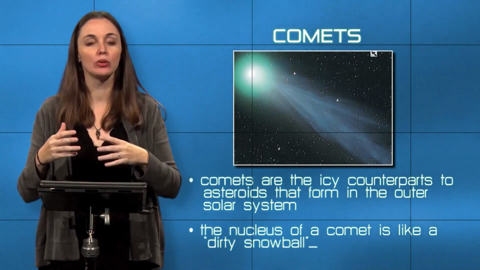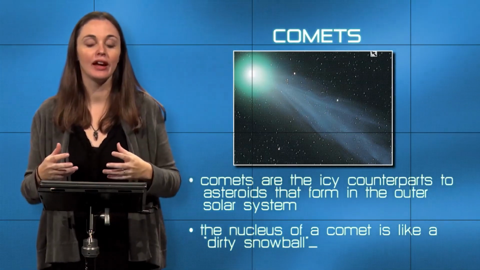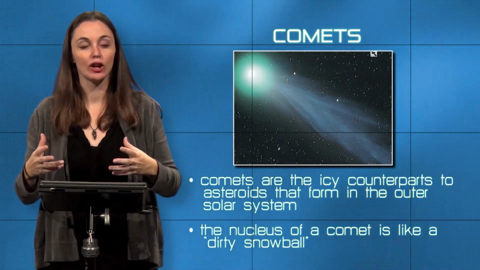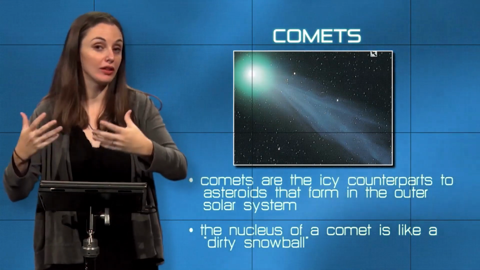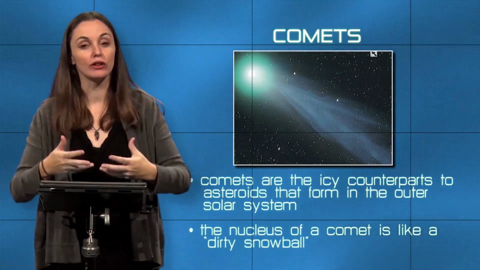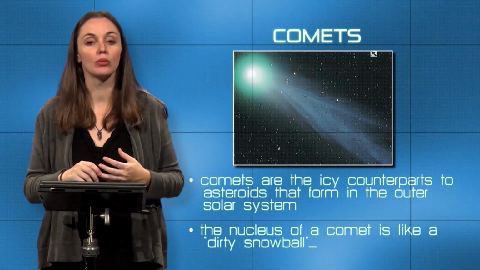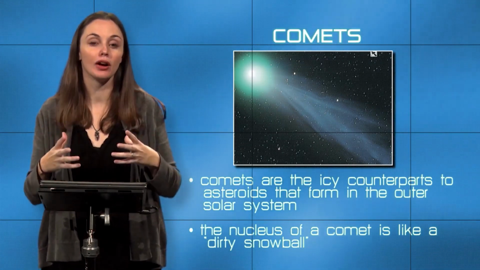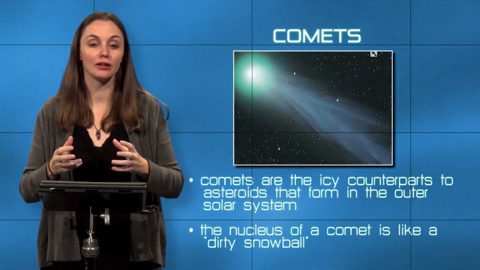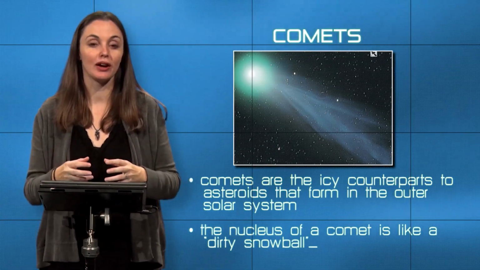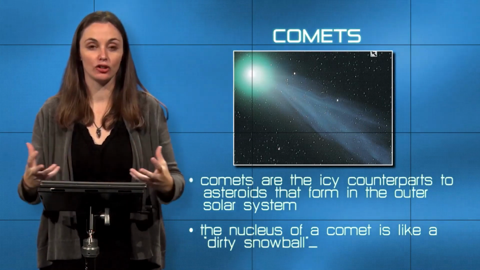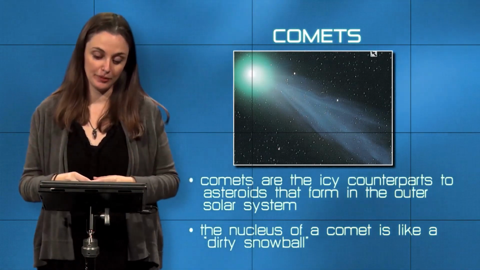So the collisions between the particles happen less often, and the objects themselves don't get to be as big, we think at least, as the Jovian planets. The Jovian planets formed essentially in a part of the solar system where you had the greatest number of these pieces of ice and rock and metal to build a core planet out of, big enough to then attract enormous amounts of gas.